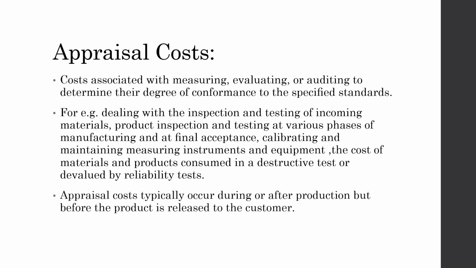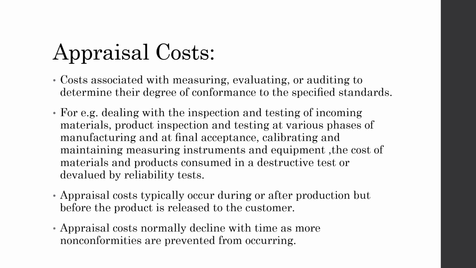Now, appraisal costs typically occur during or after the production, but before the product is released to the customer. So, they are associated with managing the outcome, whereas the prevention costs are associated with managing the intent or the goal. These normally decline with time as more and more non-conformities are prevented from ever happening in the first place.